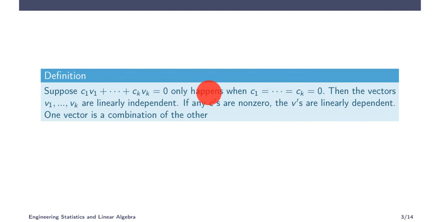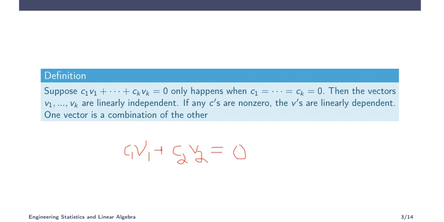In this case, one of the v's can be written as a linear combination of the other vi's. For example, if you have c1 v1 + c2 v2 + c3 v3 = 0, I can write it like this: c1 v1 + c2 v2 = 0, where I will consider two vectors for simplicity.